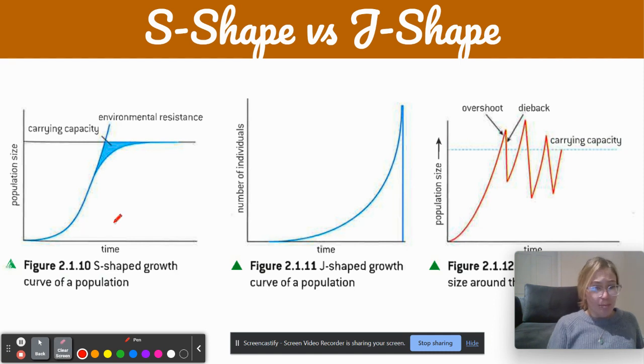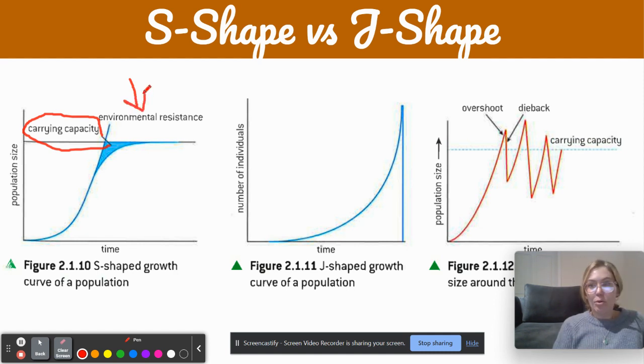So with the S-shaped curve, there tends to be some limiting factor. Where it says on your paper, outline what is represented in S and J-shaped curves, say something about populations. You may want to include that an S-shaped curve includes carrying capacity. There is environmental resistance.